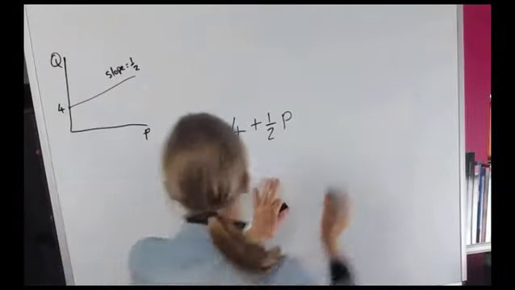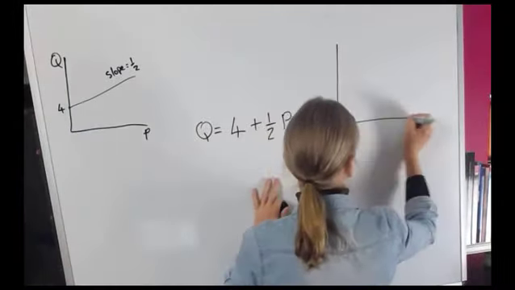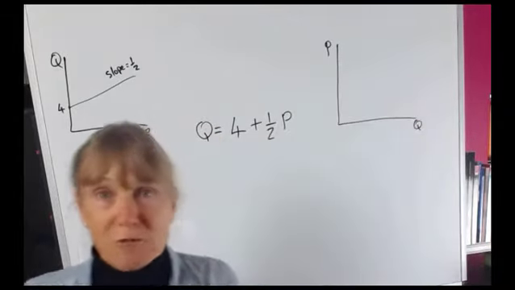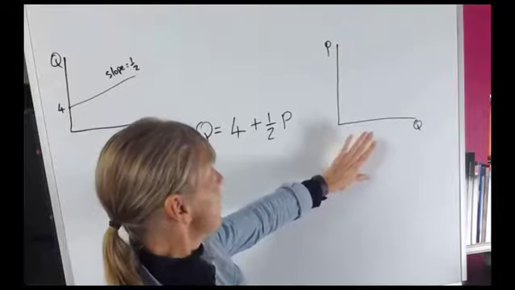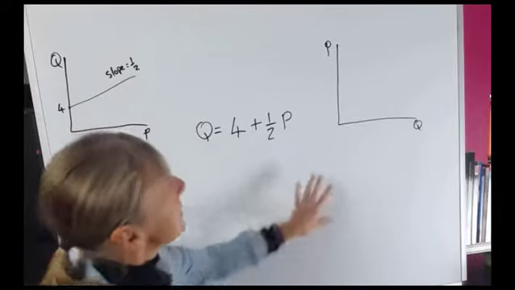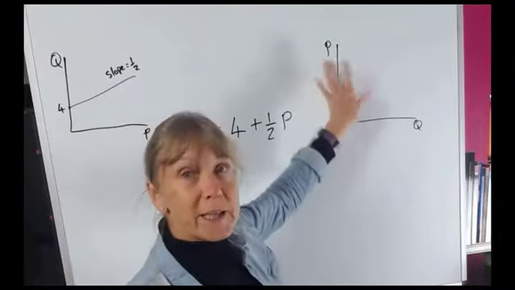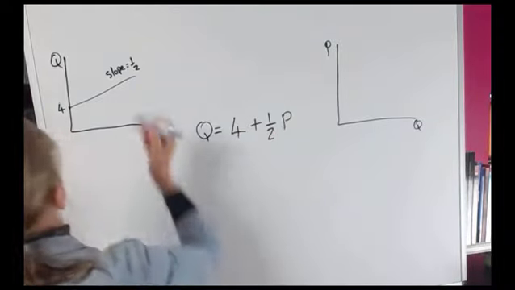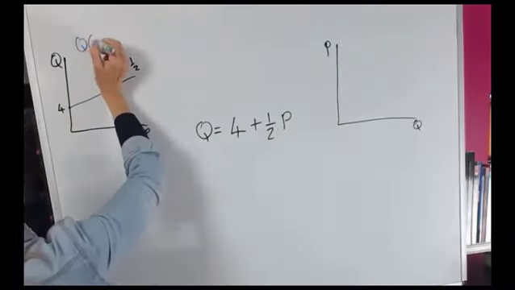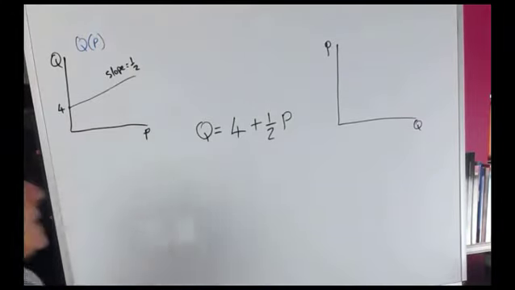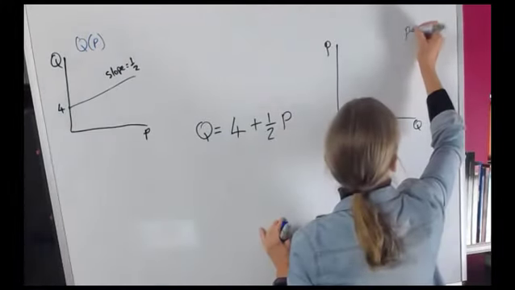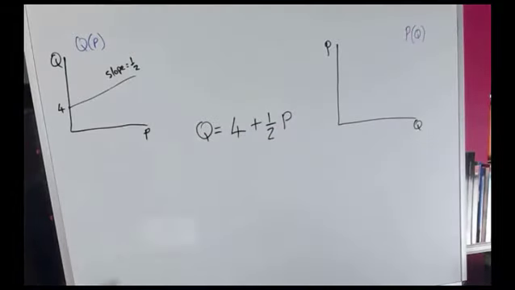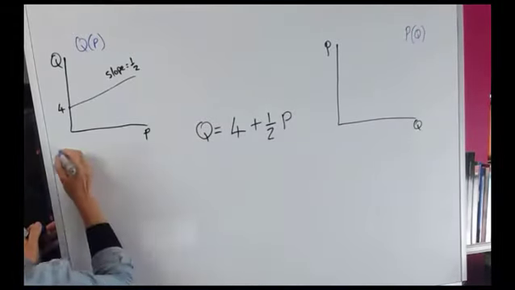So the task for today is to rearrange it so that we can plot it and also understand it in the form of P as a function of Q. So let's remind ourselves that here Q is a function of P, and here P will be a function of Q. Now this might be a supply curve.